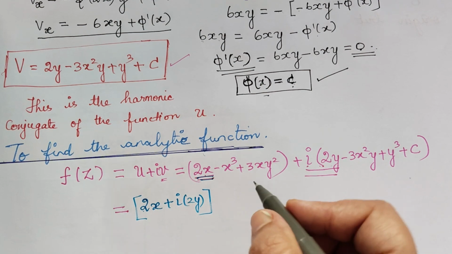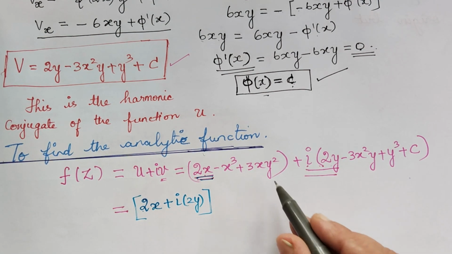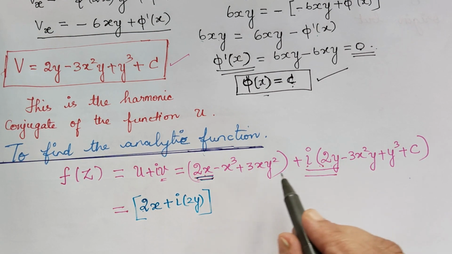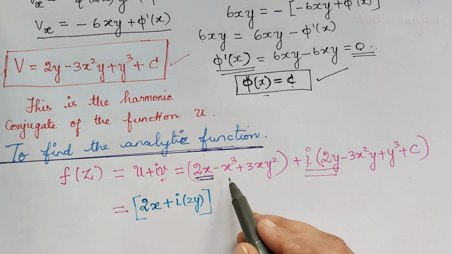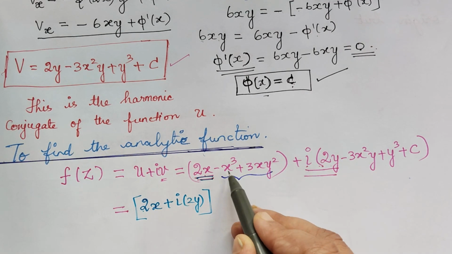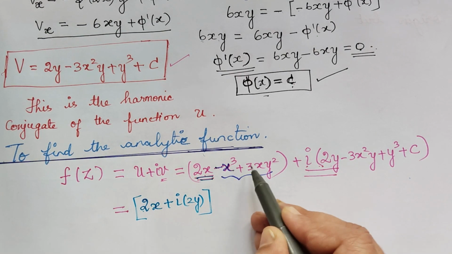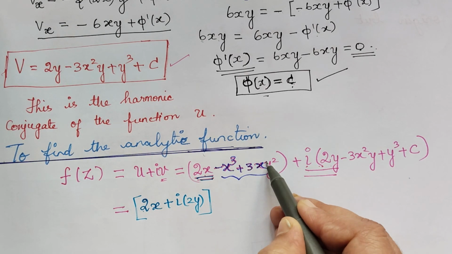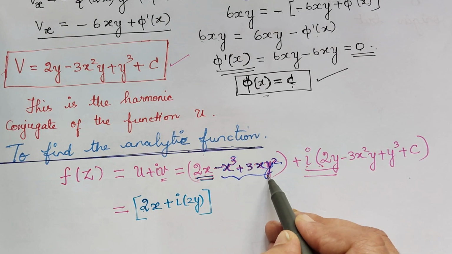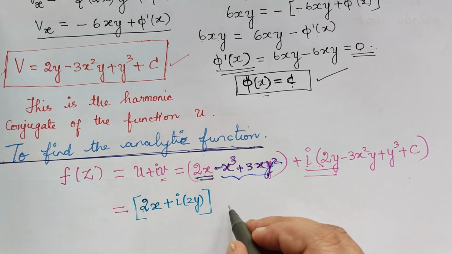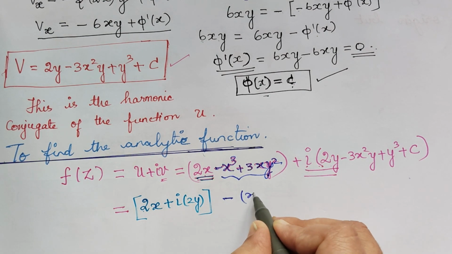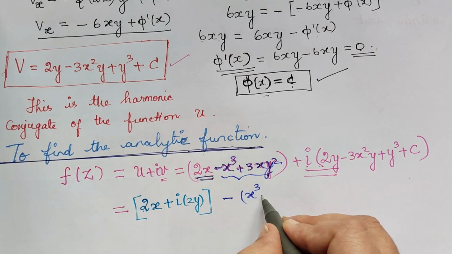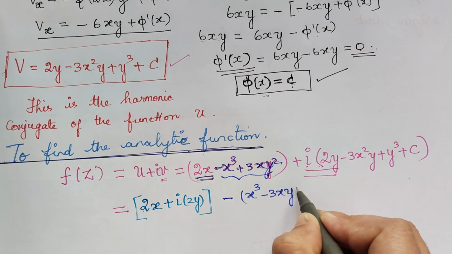Now next, these terms we will separate as real part and imaginary part and write. So now in this term we have minus x cube and then plus 3xy square. Now this term, I am going to take the minus out so that I can write it as x cube minus 3xy square.